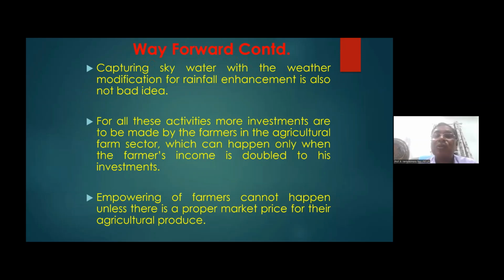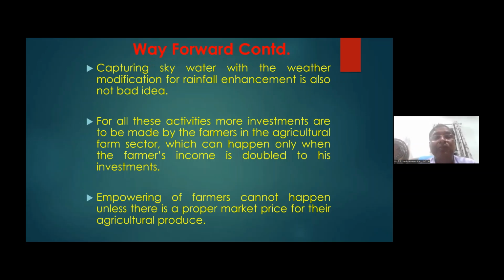More investments are to be made by the farmers in the agricultural sector, which can happen only when the farmer's income is double the present income, because nowadays agricultural inputs have increased largely, mostly fertilizers, pesticides, and labor costs. So to implement sprinkler irrigation, drip irrigation, or to take up weather modification or on-farm techniques on a large scale, more money is required.